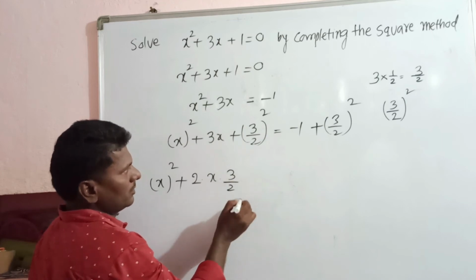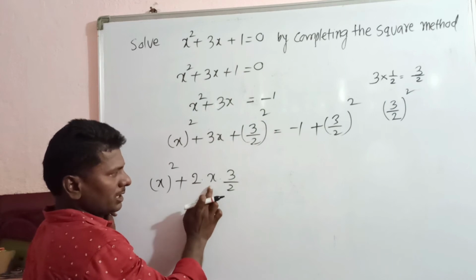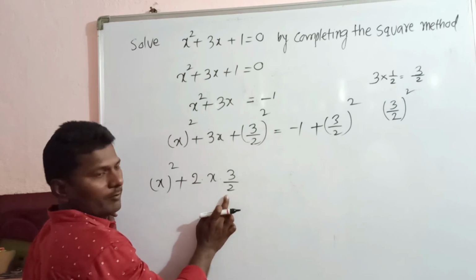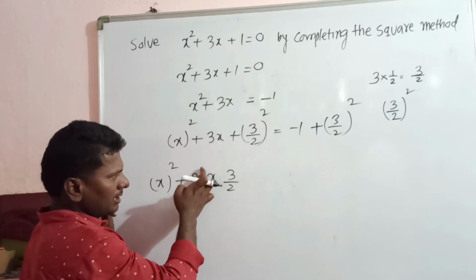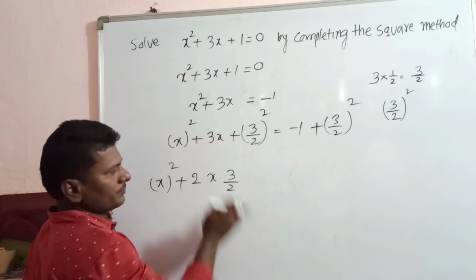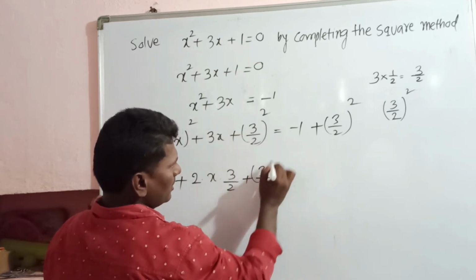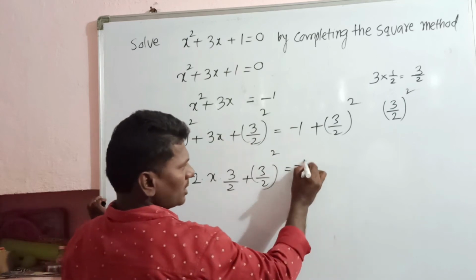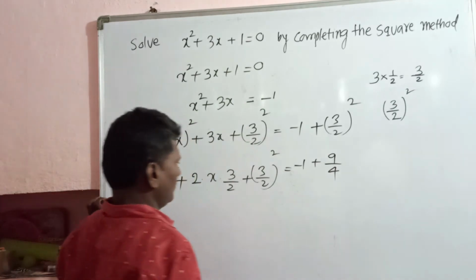This 3x is written as 2 into x into 3 by 2. It is in the form of 2ab. Again, by cancelling these 2, 3 into x, 3x plus (3 by 2) whole square is equal to minus 1 plus 9 by 4, since 3 threes are 9, 2 twos are 4.